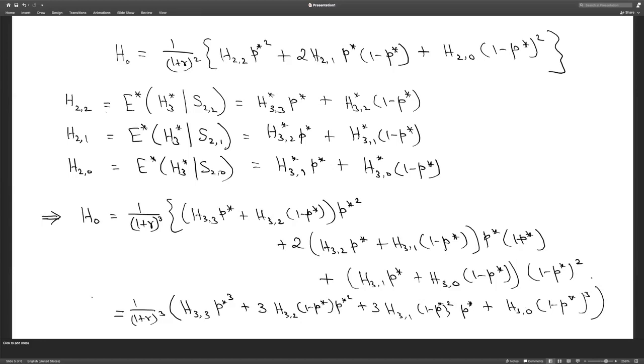So this is in fact the formula for the three-step method. So we can go on like this.